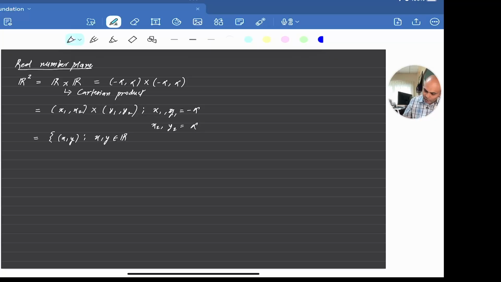So both x and y take all values of real numbers. So again, in this notation, this is a point. Okay, but this parenthesis denotes an open interval.